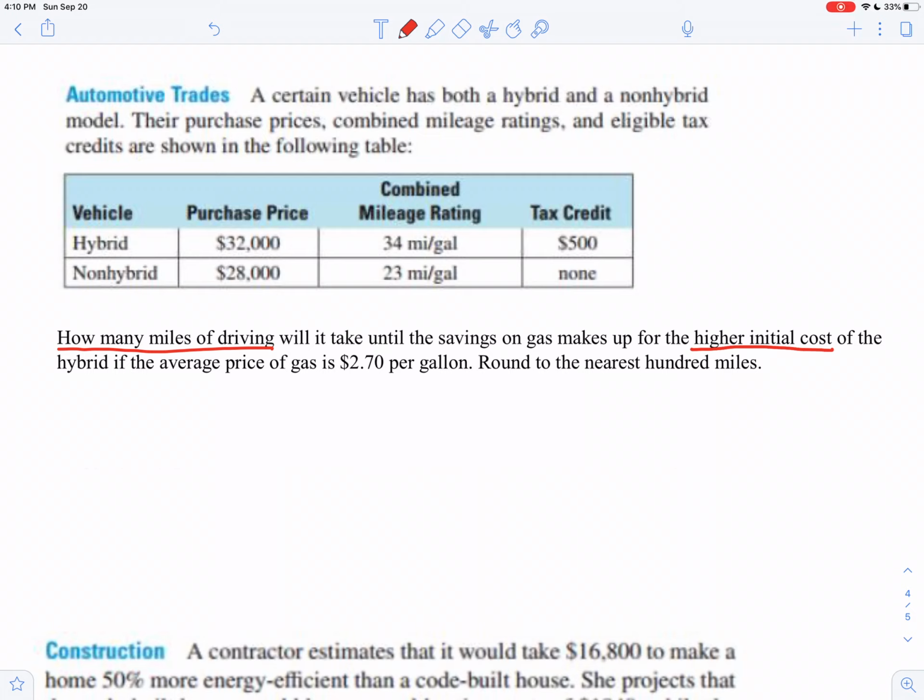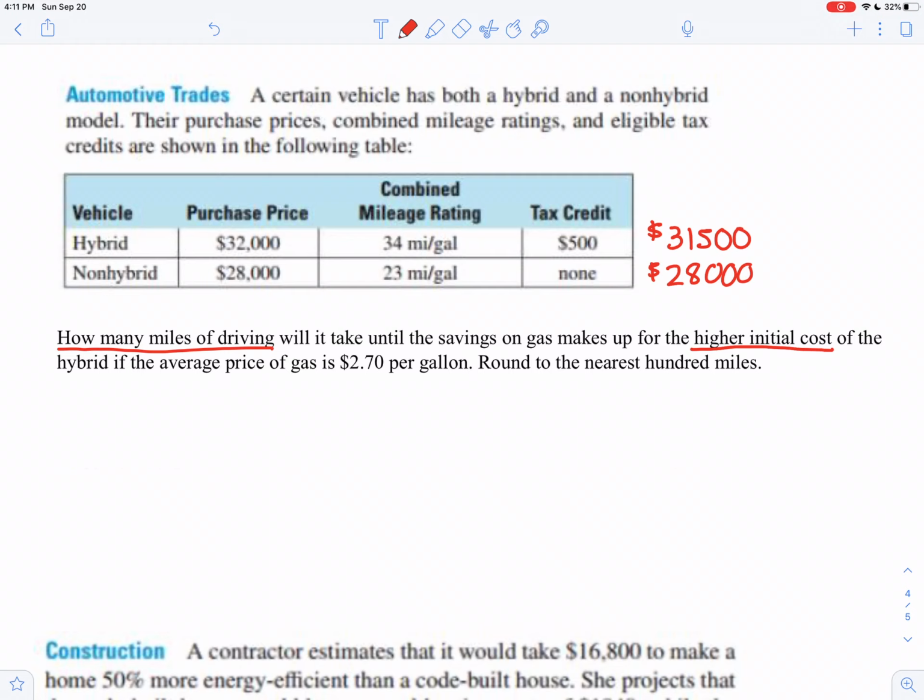All right, so for the hybrid vehicle, it costs $32,000, but it has a $500 tax credit. So essentially, the amount of money that I'm looking at for the hybrid is $31,500. Now the non-hybrid does not have a tax credit, so I'm looking at a purchase price there of $28,000.